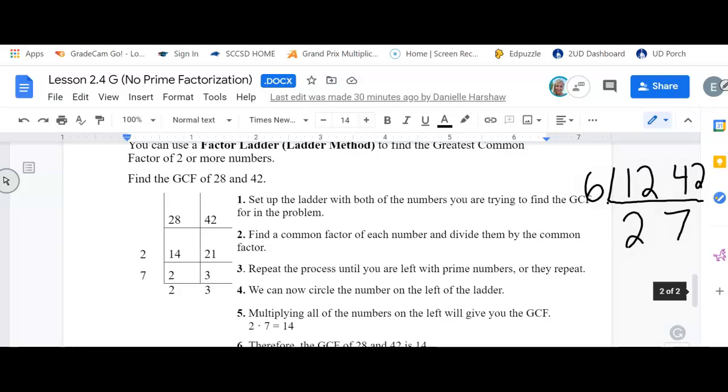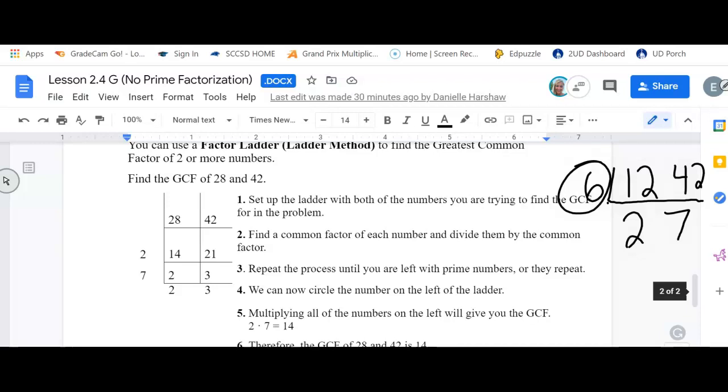Colin? Yeah, it's off too. Well, not the top. We're going to say it's the side of the ladder. Here is your answer. That's all you have to do for using the greatest common factor, using the ladder method. Your answer for the greatest common factor will be on the left-hand side.